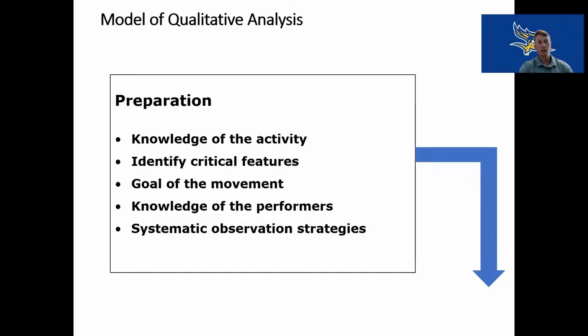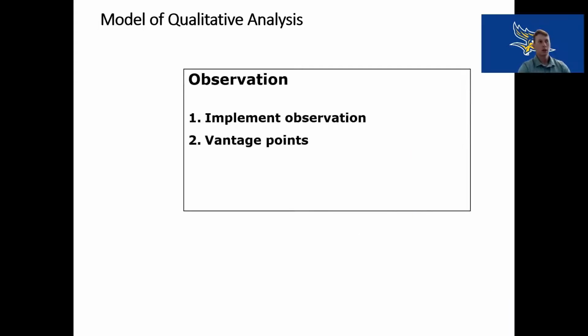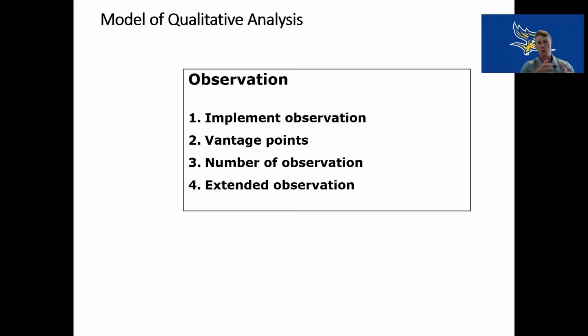So you're identifying the activity, the population, the critical features, and giving yourself a strategy for how you're going to implement the observation phase. So this is finding vantage points or areas from where you can view that movement, and how many times you're going to observe the movement.